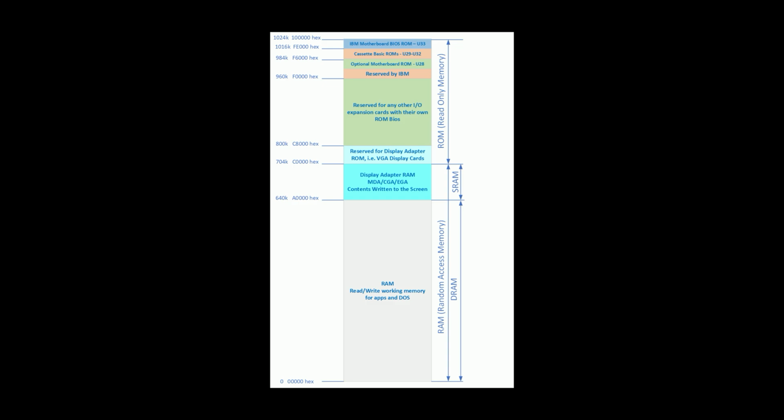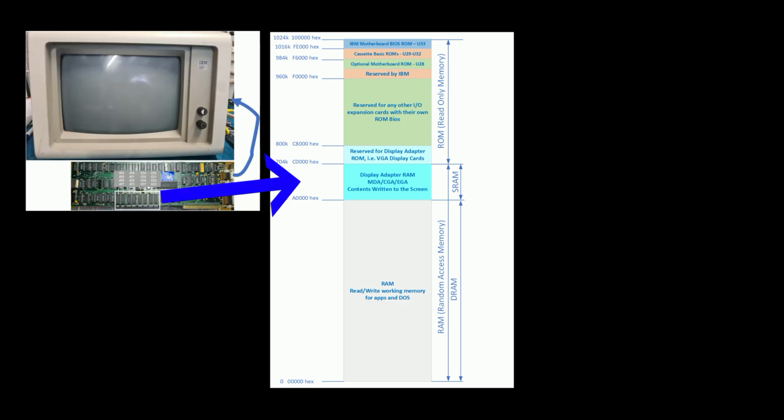The area above the 640K memory address is used by the display adapters. This is where the static RAM ICs are mapped into, which are located on the display adapter boards. All the data from this SRAM area is written to the display by the display adapters.